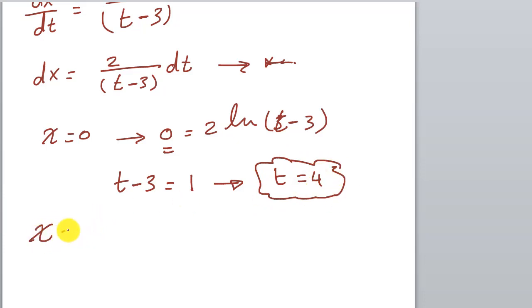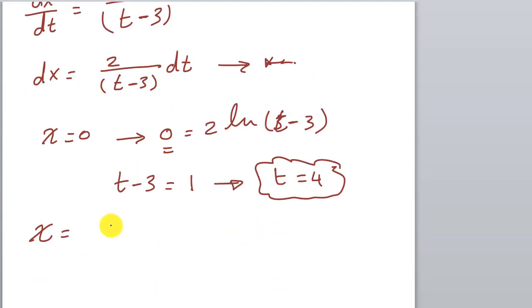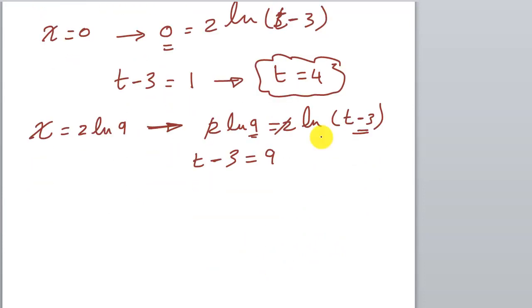Now for x equal to the second part of the integration, 2 ln 9. So from here 2 ln 9 equal to 2 ln(t minus 3). So t minus 3 equal to 9. This part must be equal to this part. So t equal to 12. And this is the second part.